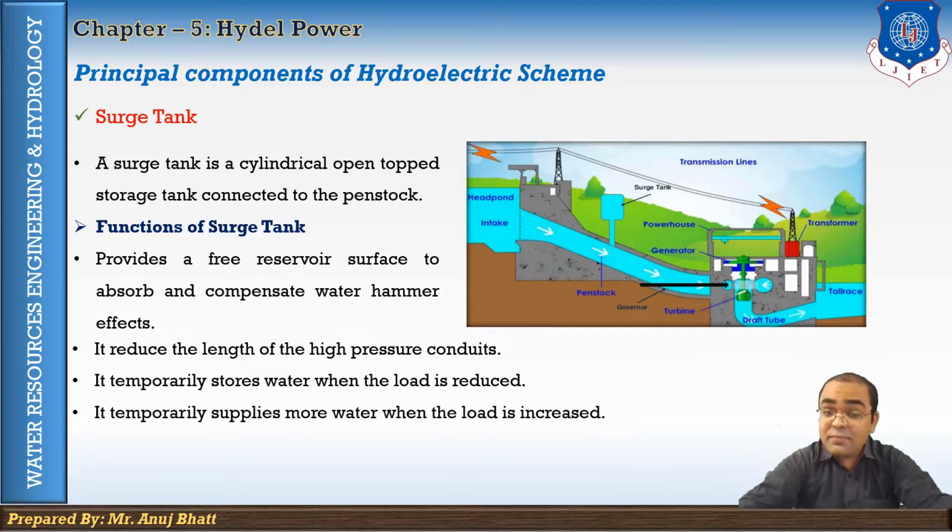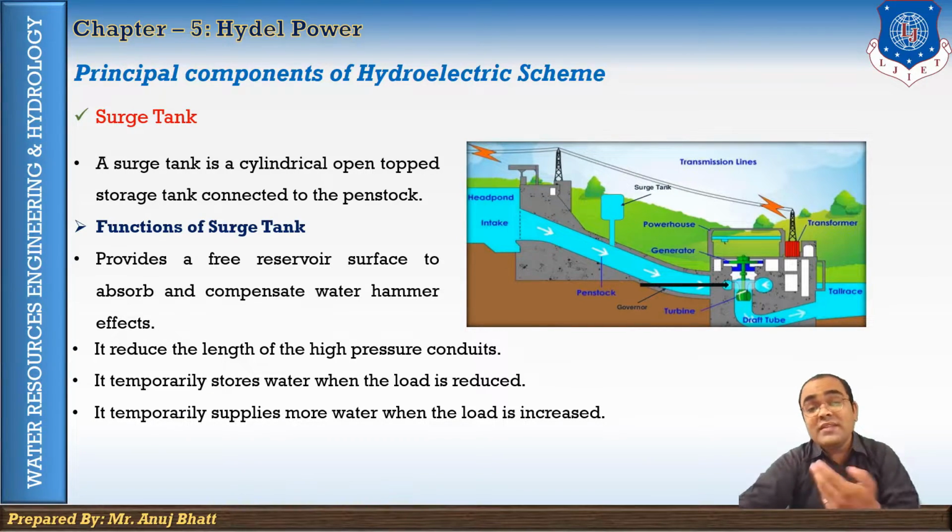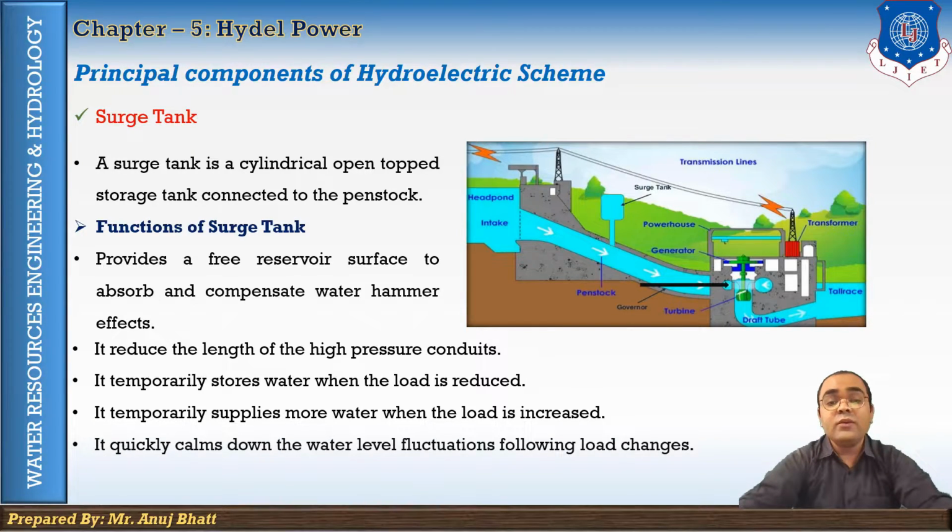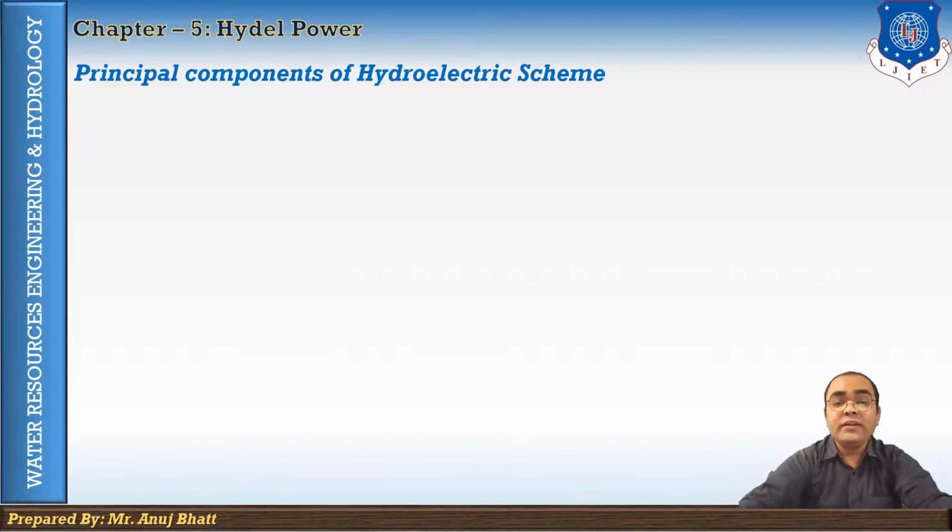It also temporarily supplies more water when the load is increased and demand occurs. It quickly damps the water level fluctuation following load changes. There are three different types of surge tank: a simple surge tank, restricted entry surge tank, and differential surge tank.